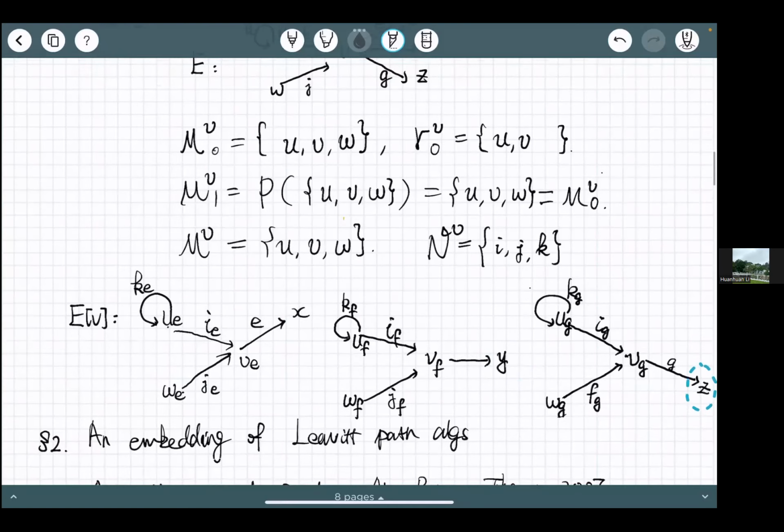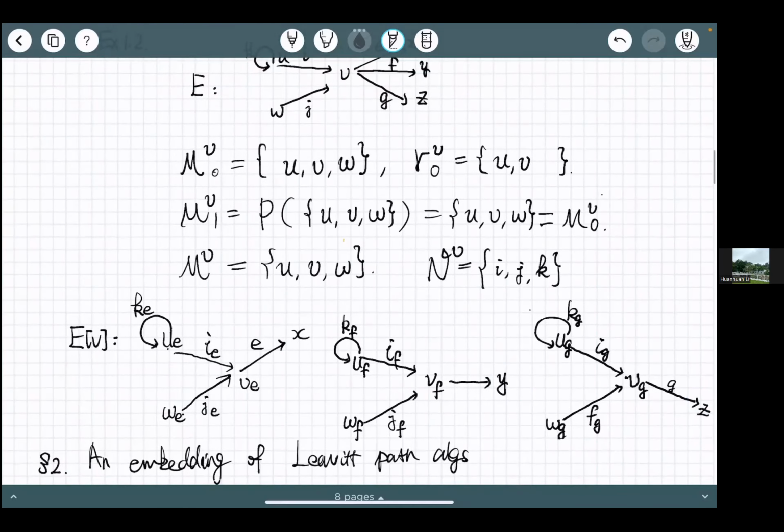And then we have copies of MV. These three vertices are copies of MV with label E. And these are the three vertices which are a copy of MV, but the label is F. And this, the label is G. So we have three copies of MV.